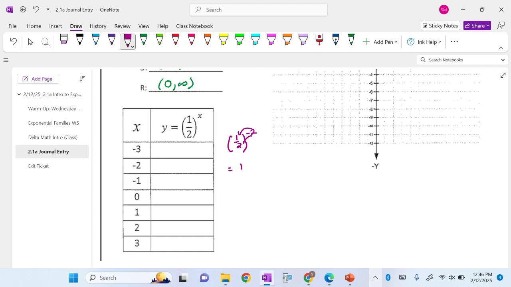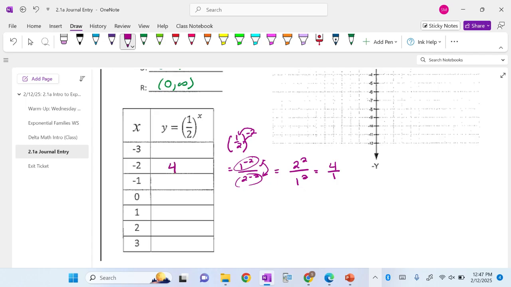So this equals 1 to the negative 2 over 2 to the negative 2. By power rule, these two swap places. So this is 2 squared over 1 squared, so 4 over 1. So 1/2 raised to the negative 2 power is actually what? 4.